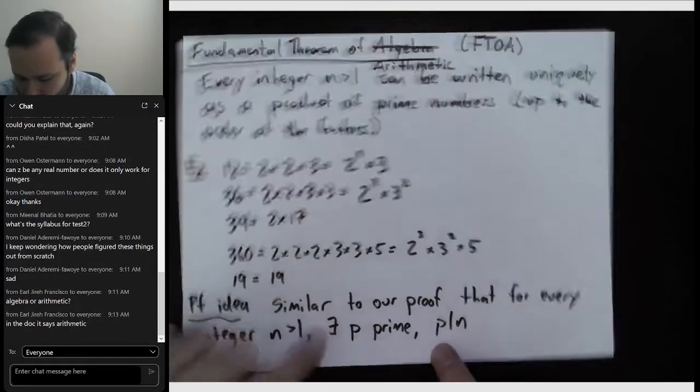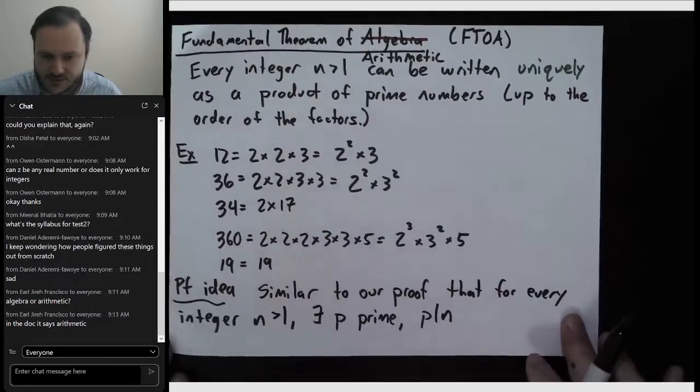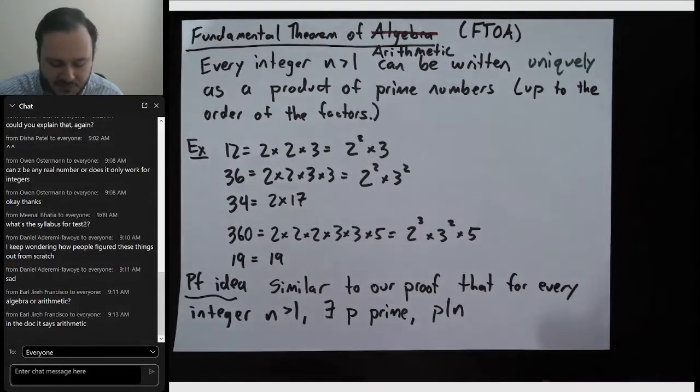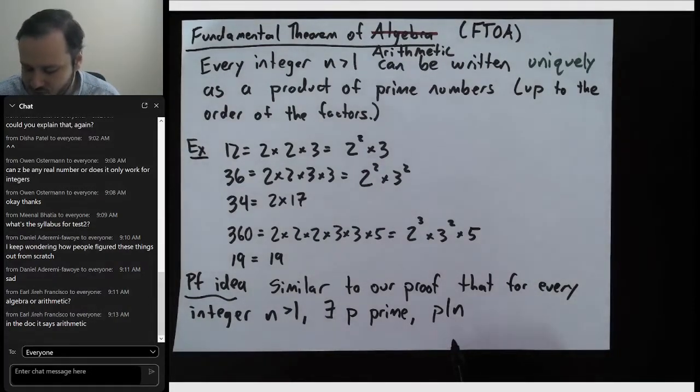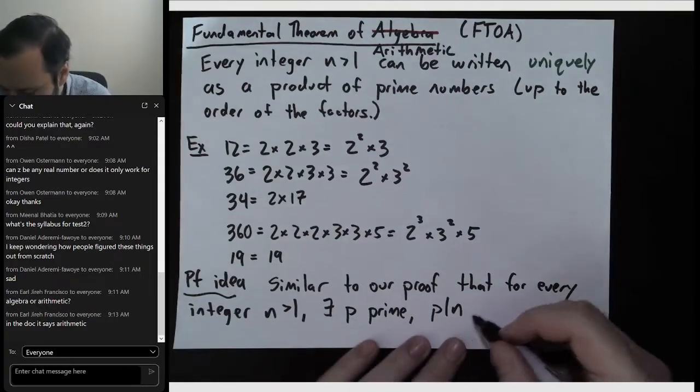So remember how we did this, and then that's going to get us, by induction, okay, we can keep dividing out and getting primes. We're also going to have to use uniqueness somehow, and that's going to come from the division algorithm.